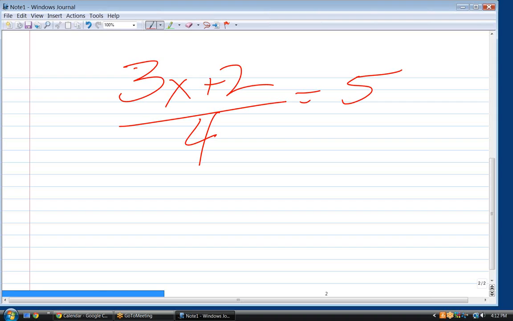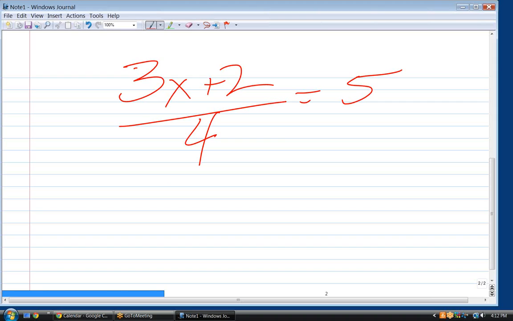Well, you have to try to get 3x by itself, trying to get x by itself. But it's a process. In other words, we get rid of each of these other numbers one at a time. How do we get rid of the 4? Times the equation by 4. You always do the opposite of what the 4 is doing.